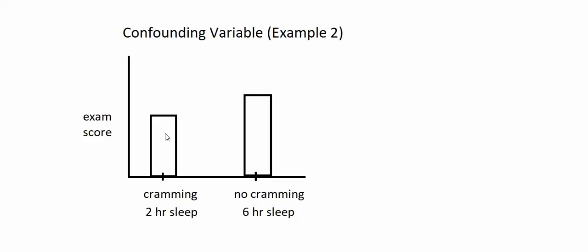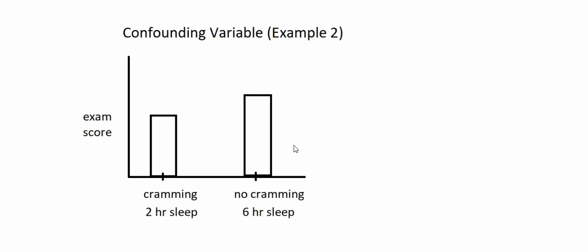Notice how this group crammed for 8 hours on the night before the exam, and they basically did an all-nighter, which means that this group might have had 2 hours of sleep on average, whereas the group that spread out their studying 2 hours per day probably got more like 6 hours on average the night before the exam.